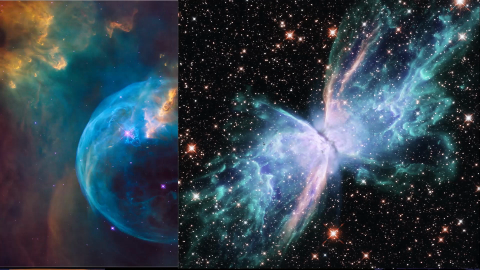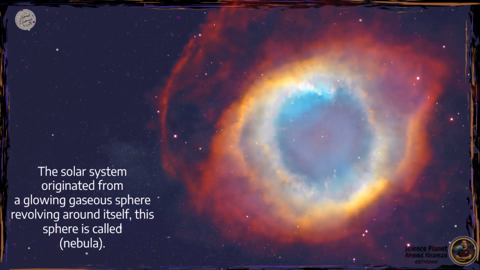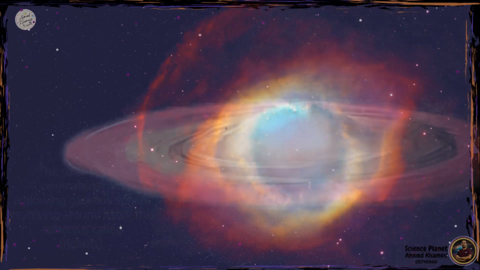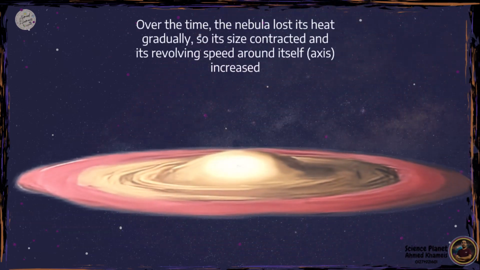The theory goes that the solar system originated from a glowing gaseous sphere revolving around itself. This sphere is called a nebula. Over time, the nebula lost its heat, its size contracted, and its revolving speed increased.